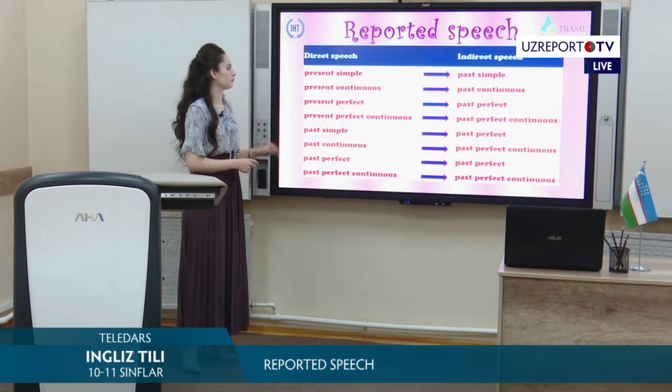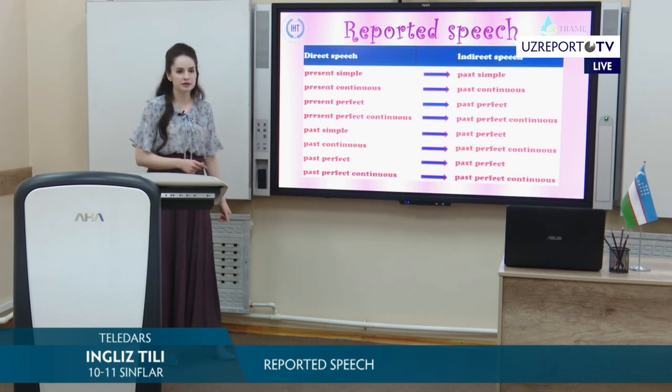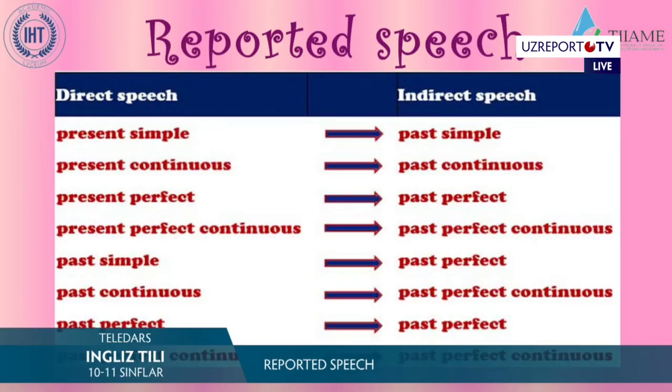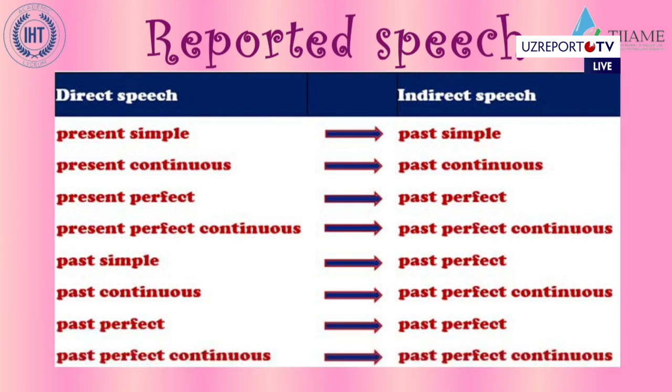How can it be? Here is a table for you that you should remember. Please fix this table for yourself. It's really useful. I fixed present tenses first of all: present simple, present continuous, present perfect continuous, and past tenses. And I showed you how you should change them.